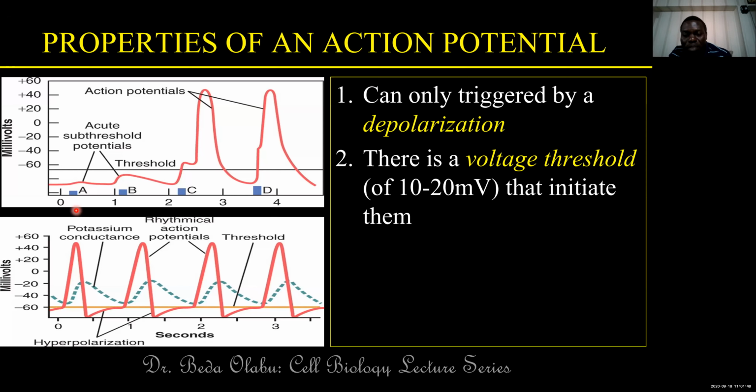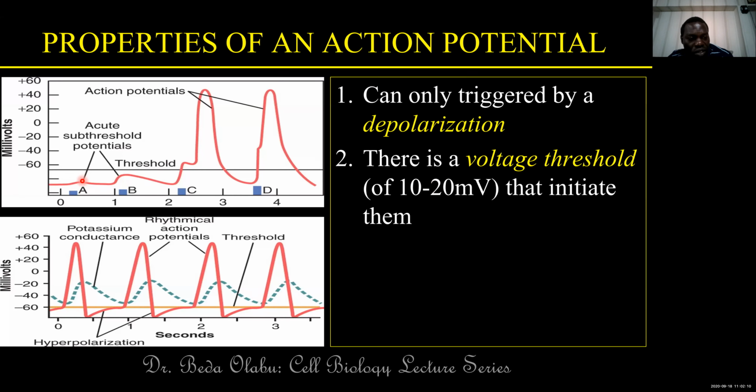That disturbance must be between 10 to 20. So that means if the resting potential was at negative 70 and you make it now negative 50 something, so the threshold here is within this range, that will cause an action potential.